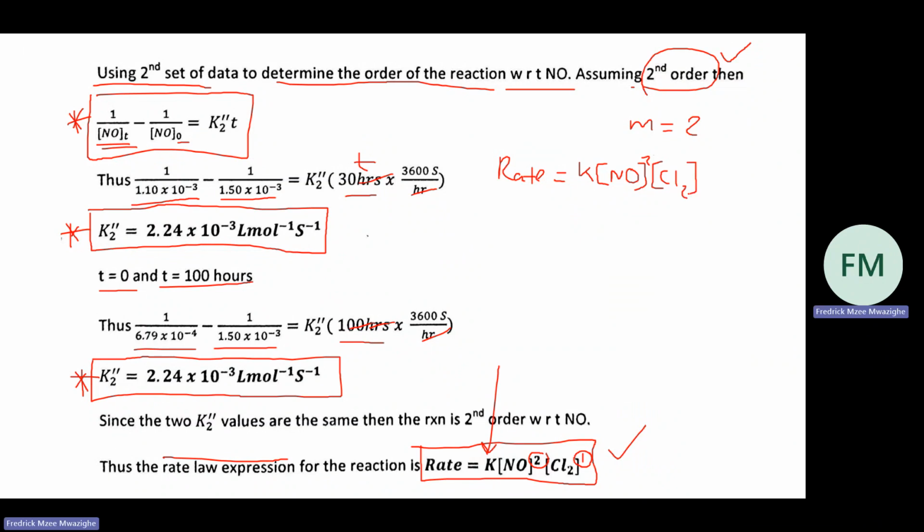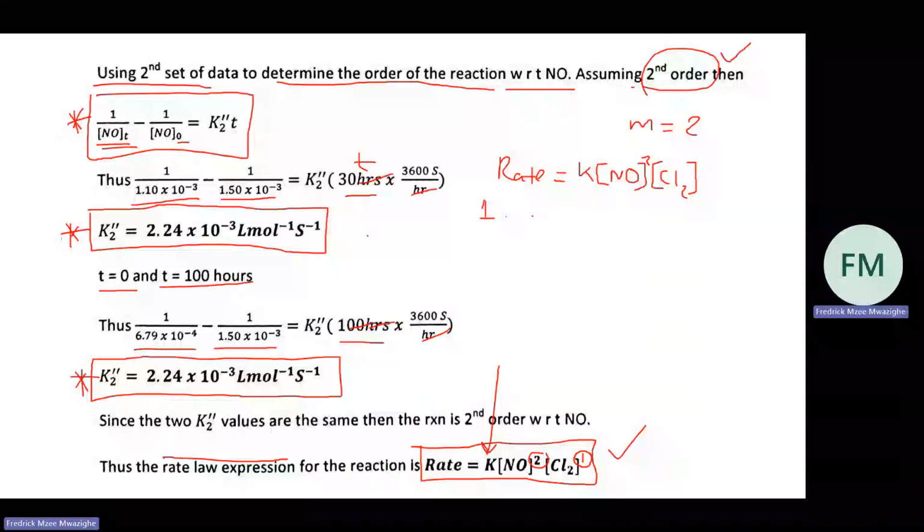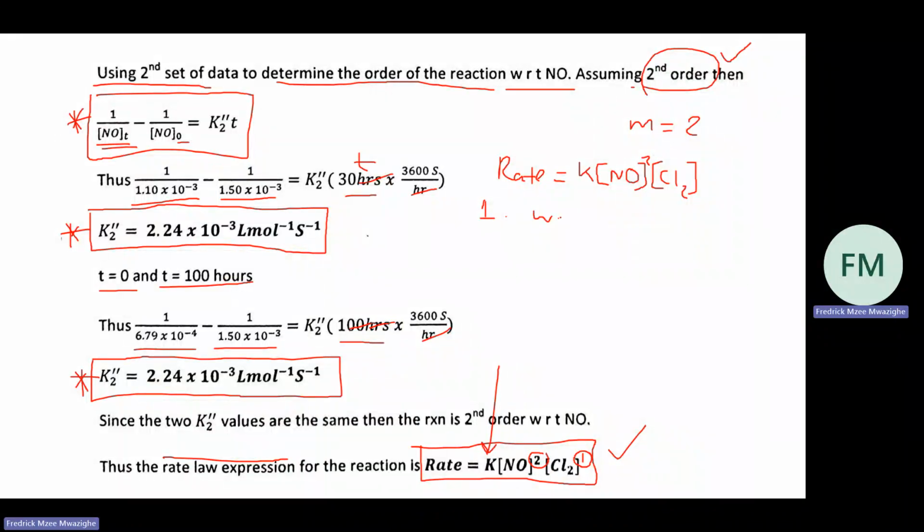Now, in the first instance, the concentration of NO is kept constant. So here in the first experiment, we are finding the order of the reaction with respect to chlorine.